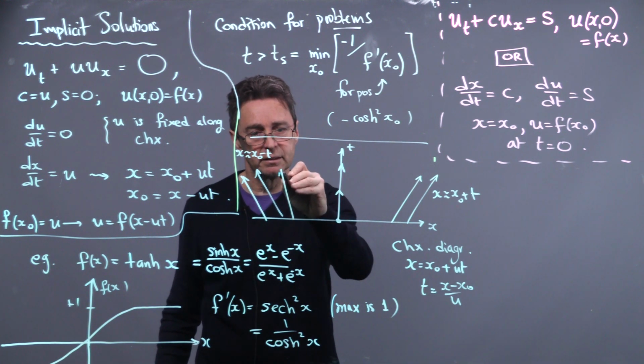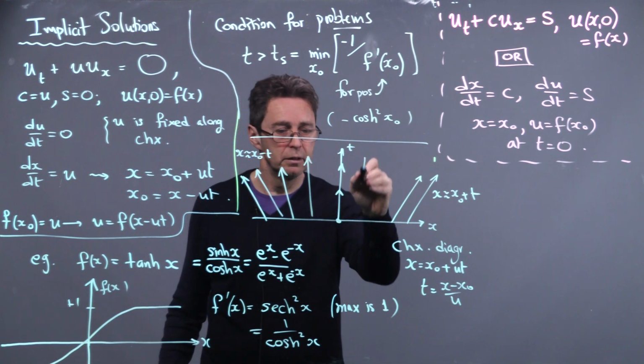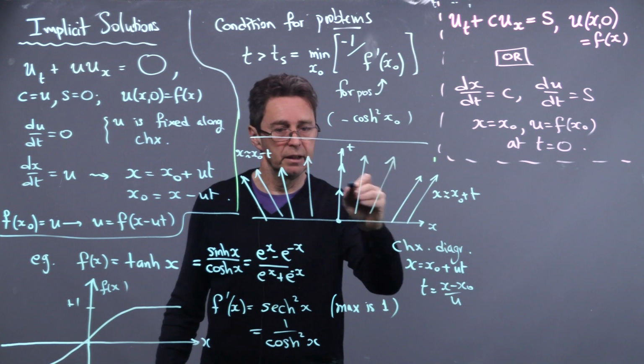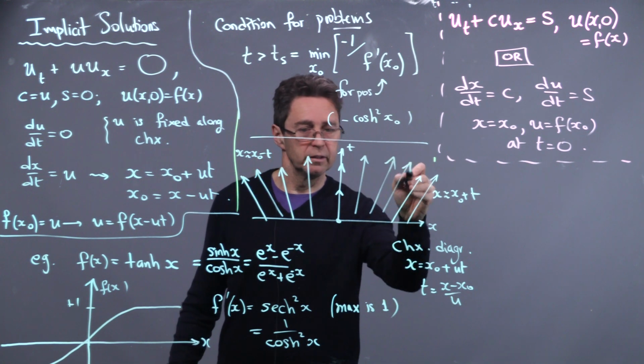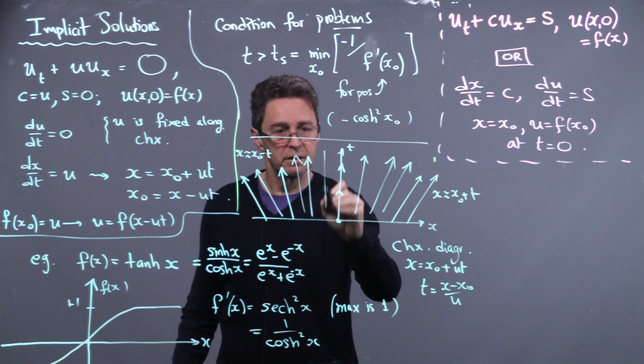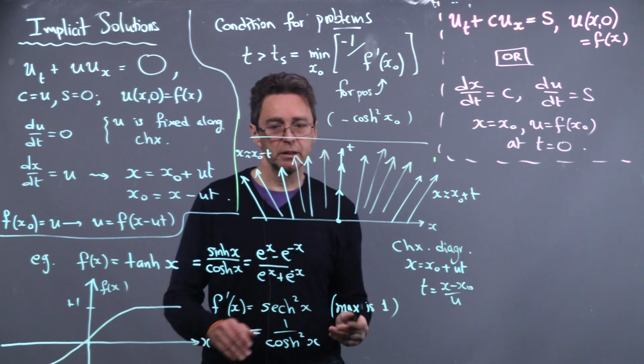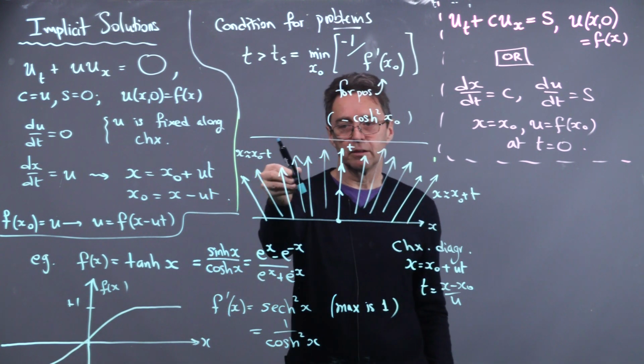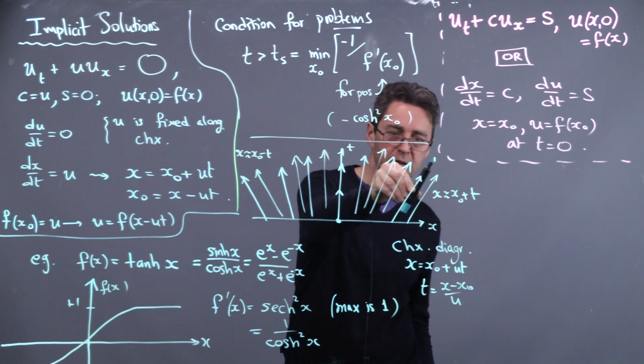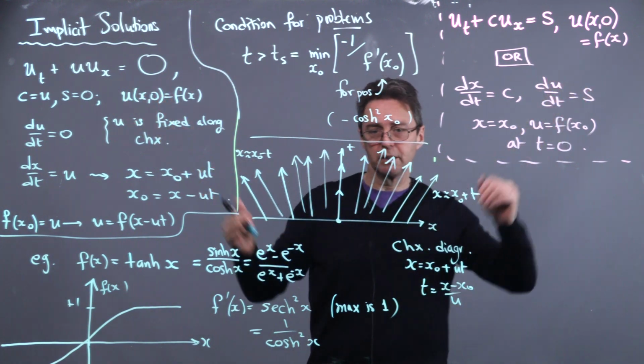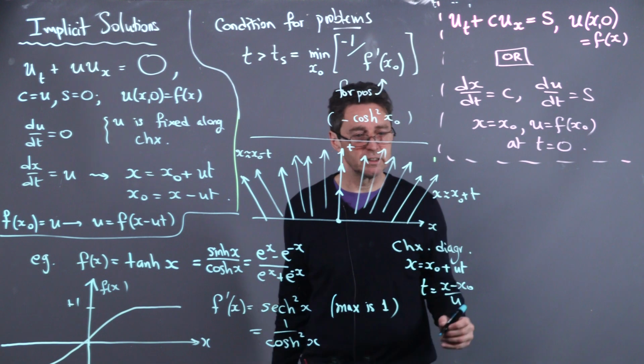And then these things tilt over towards the vertical as I head in. So we get this set of characteristics. They're all going that way, then they slowly go vertical, then they come back down to that way. So we get this thing that spreads out. None of these characteristics ever cross.